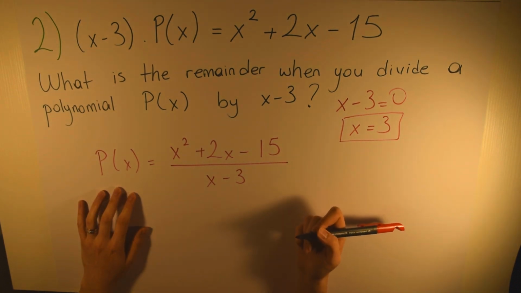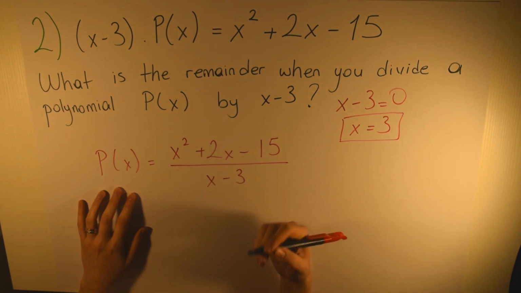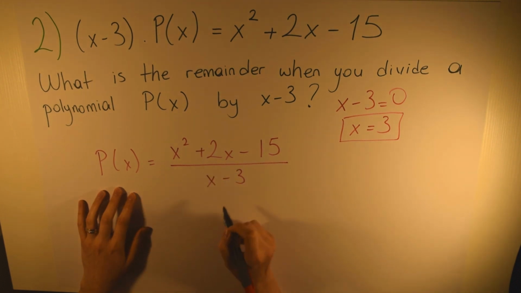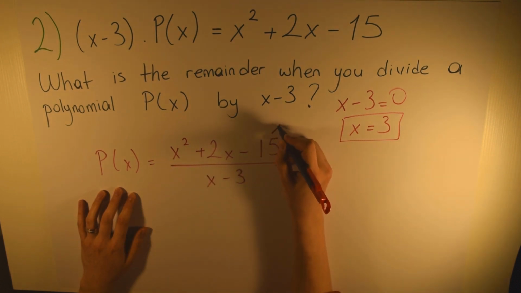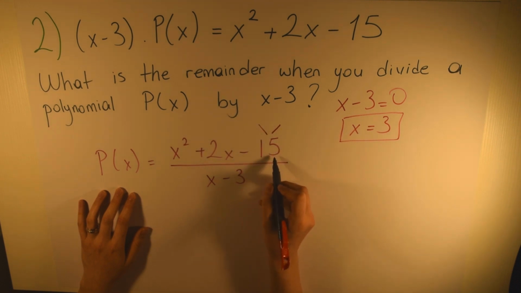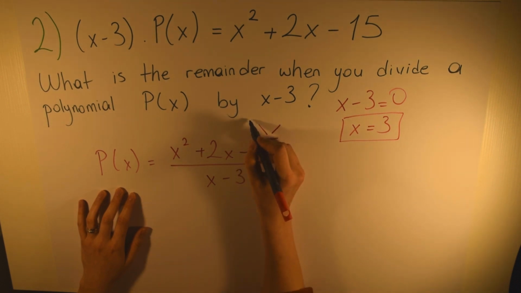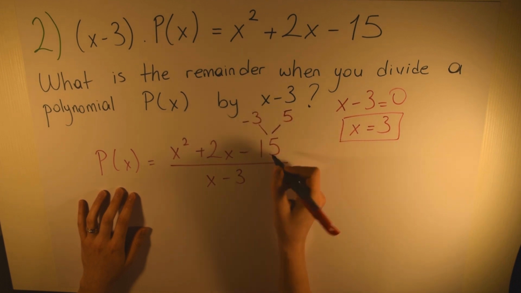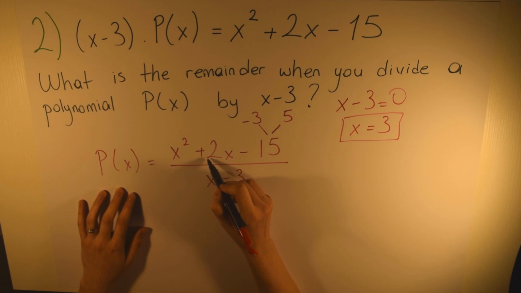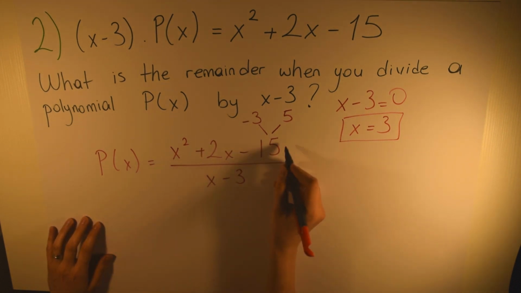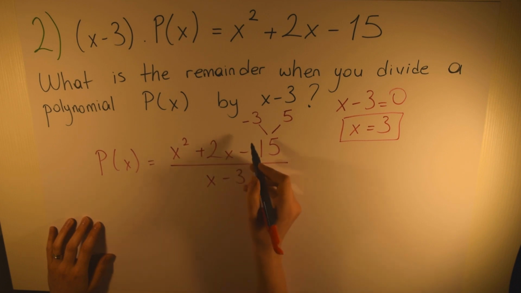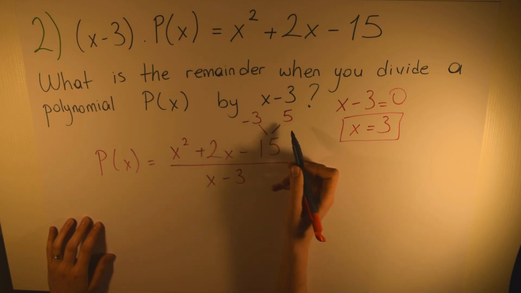So we should get rid of this x minus 3. How can we do that? If we factorize this expression, minus 15 is minus 3 times 5, and when you add them you also get plus 2, so this is correct. Instead of this expression, I can write (x minus 3) times (x plus 5).